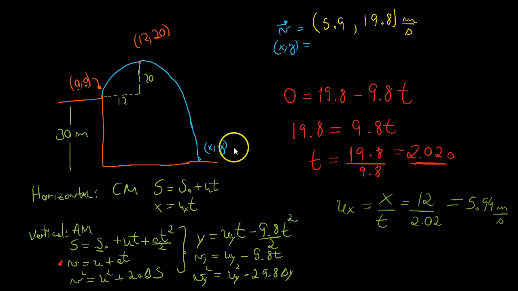Awesome. Now we want to find the coordinates for this point here. Well, y is of course negative 30, right? The origin is here. This point is 30 meters down. So y equals negative 30. So now all we want to find out is this x distance that is traveled.